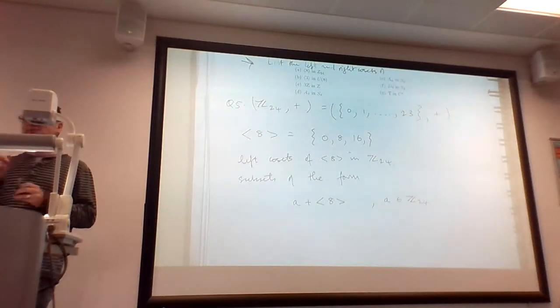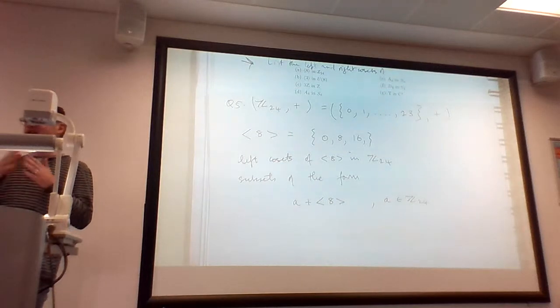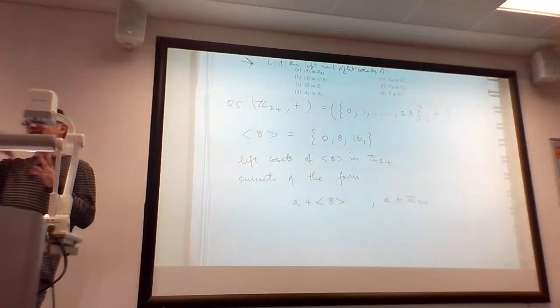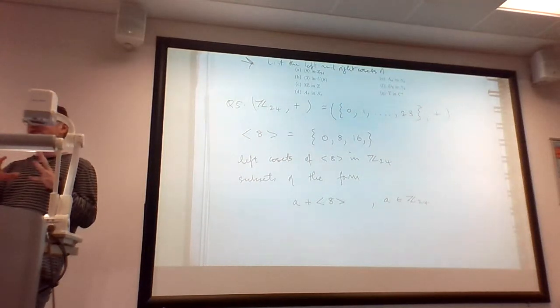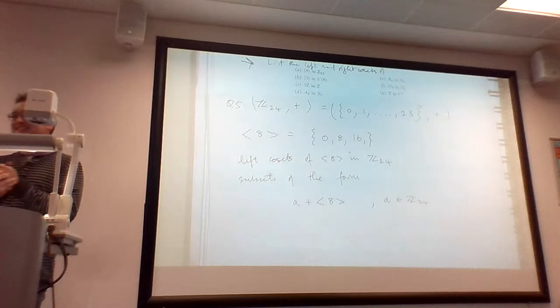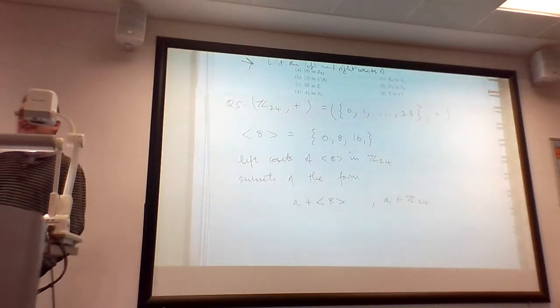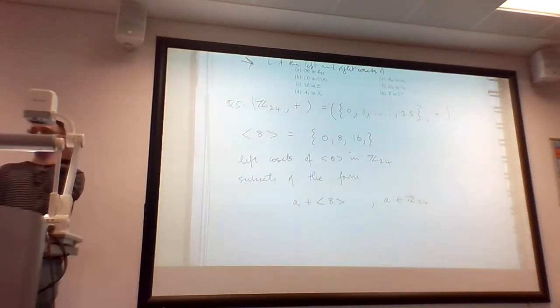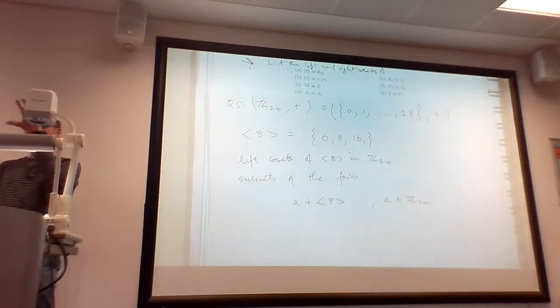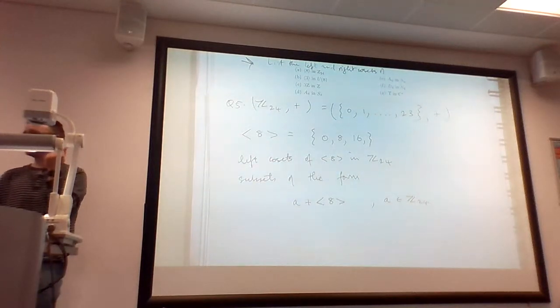So remember some of the basic things we proved on our way to proving Lagrange's theorem about all the different cosets of the subgroup. We proved the collection of subsets partitioned the group, split the group up into different subsets. And crucially, each coset had the same number of elements.